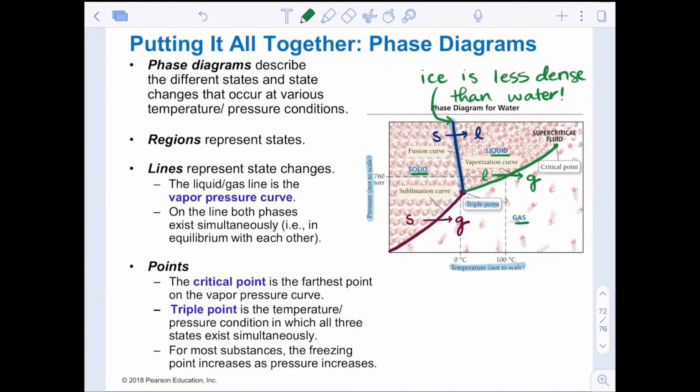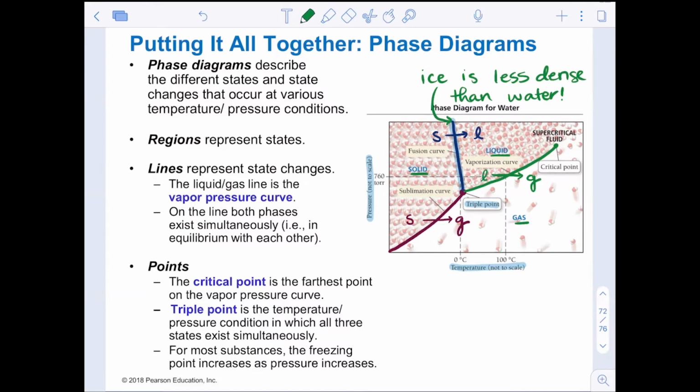I'll show you a couple more phase diagrams that have positive fusion curves. That would say that the freezing point increases as the pressure increases. In reality, for water, as the pressure increases, the actual freezing point of water decreases. We actually can compress ice and make liquid, which is really weird.